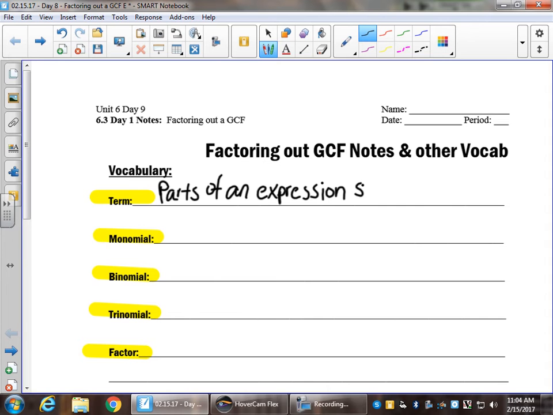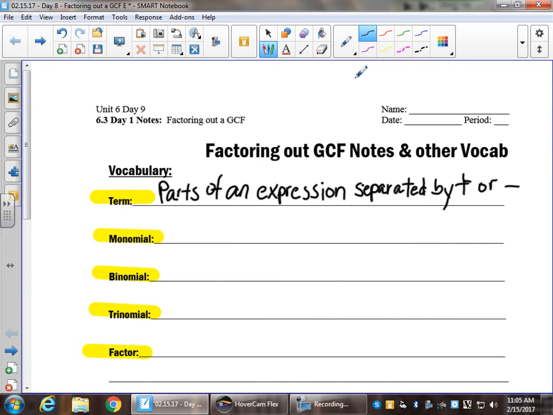Separated by a positive or negative sign. Sorry if it's a little messy. So parts of an expression separated by a positive or negative sign.